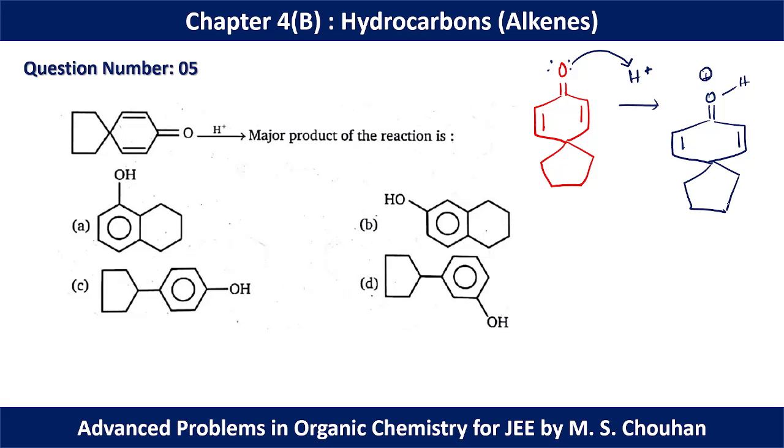The positive charge over oxygen is not stabilized at all, because oxygen is much more electronegative in nature. So we can have this kind of resonance to stabilize that oxygen, and we can have a situation like this.